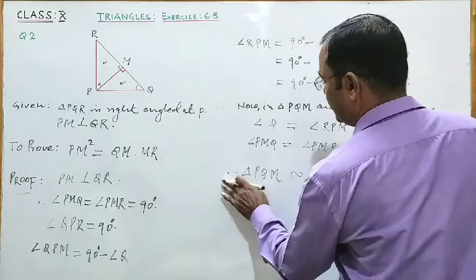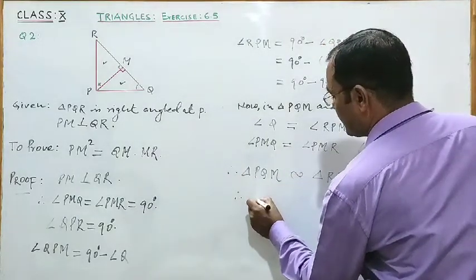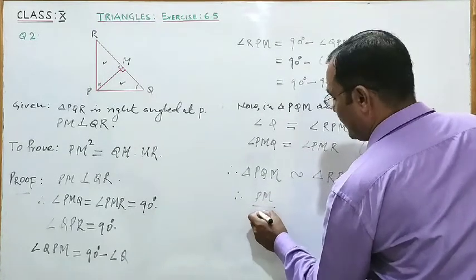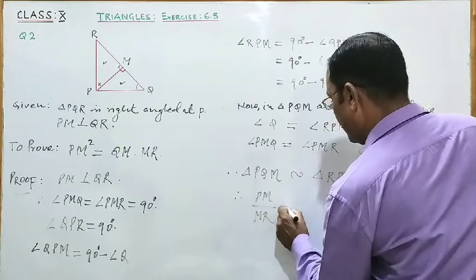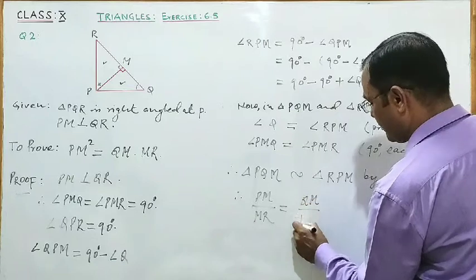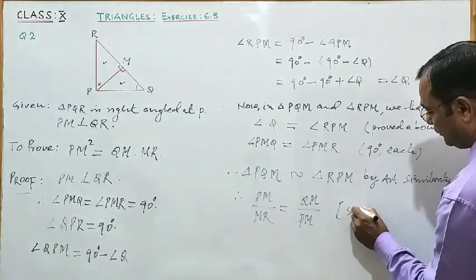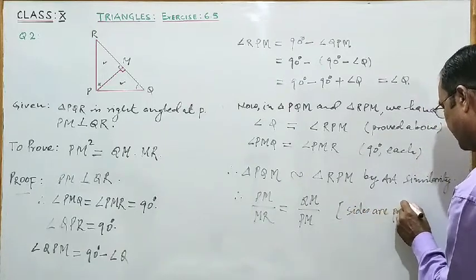Therefore, corresponding sides will be proportional. So, PM by MR is equal to QM by PM. Sides are proportional.